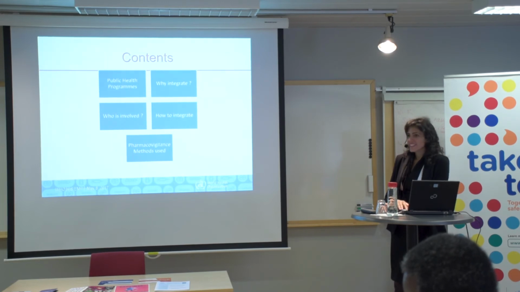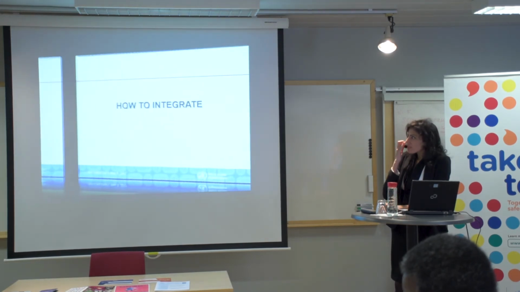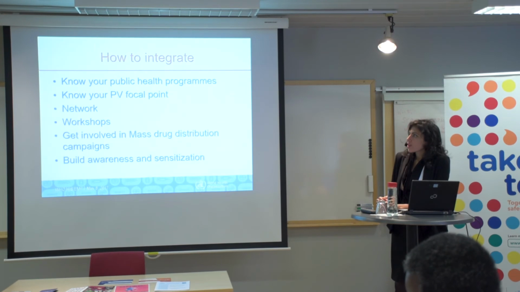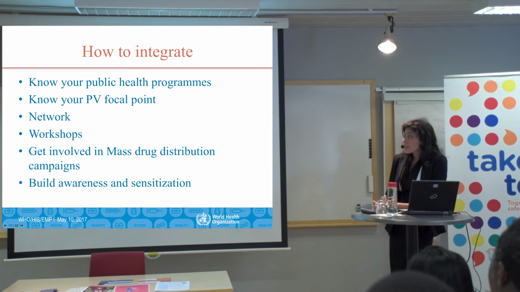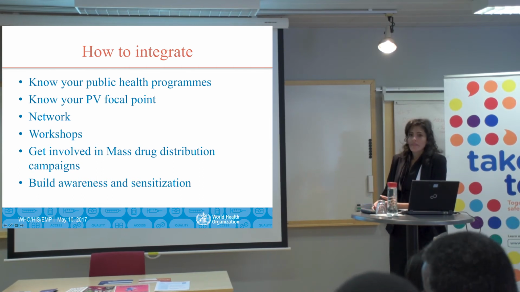Okay, that's great. So how do we integrate? Basically, you need to know your public health programs, what programs you have in the country. You need to know your PV focal person, for people who are not from national centres here. You need to have the network.